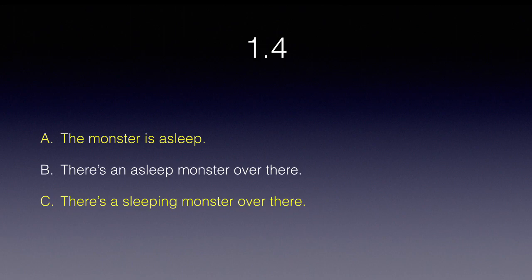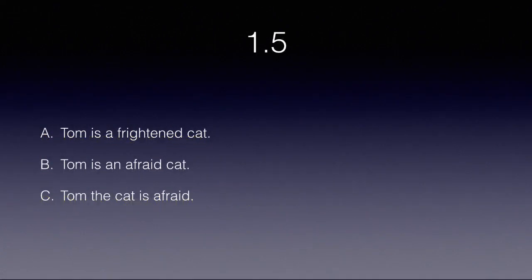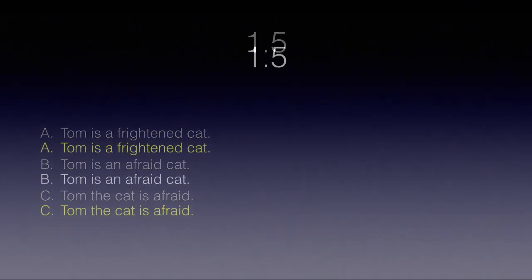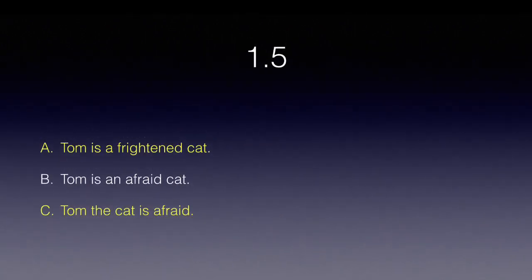There's a group of adjectives starting with the letter A that can only appear in the predicative position: asleep, awake, alive, etc. Here's another one.